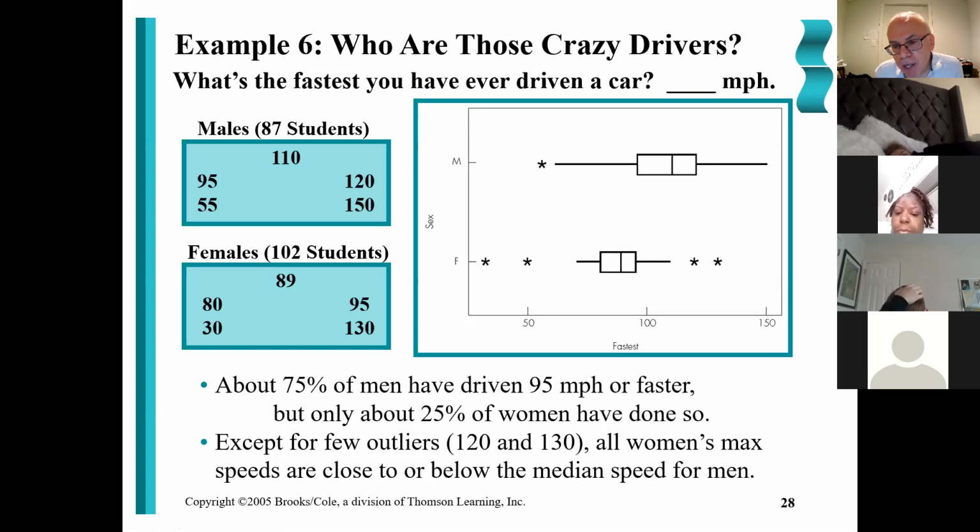What does that mean? It means there's, for the most part, some unusually small values. Now, it happens also that we have a couple outliers on the right here too. So this is a little more complicated, the one for females. The reason these are outliers is because the interquartile range is so small here.